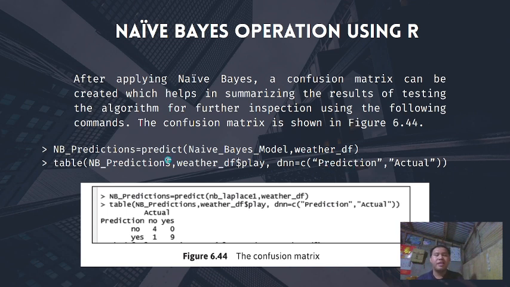Then we'll write table(nb_predictions, weather_df$play, dnn = c("prediction", "actual")). Figure 6.44 is the confusion matrix.